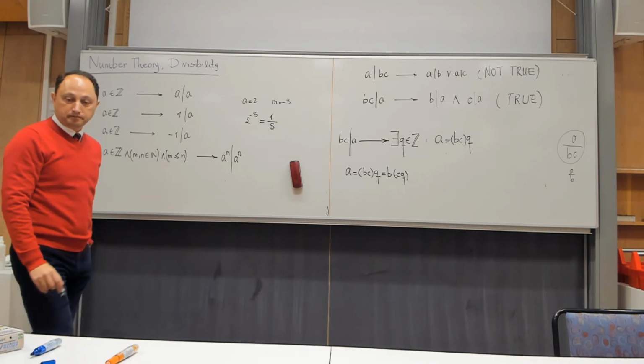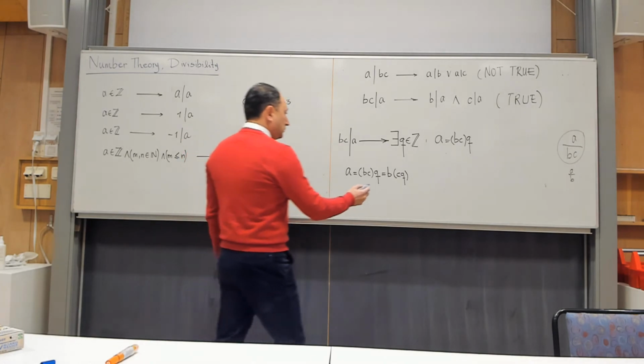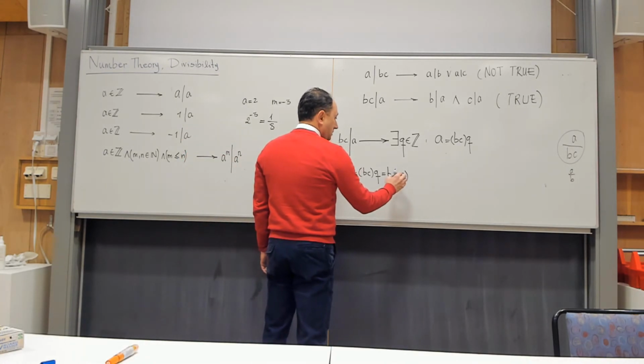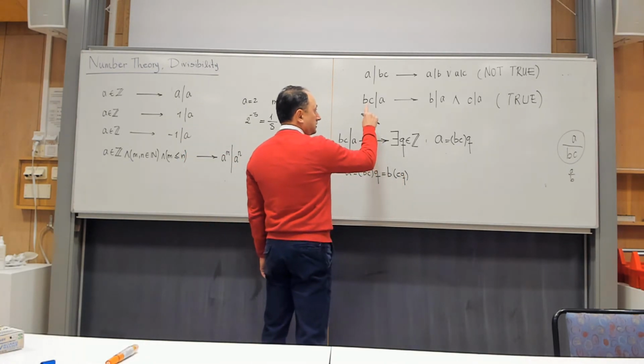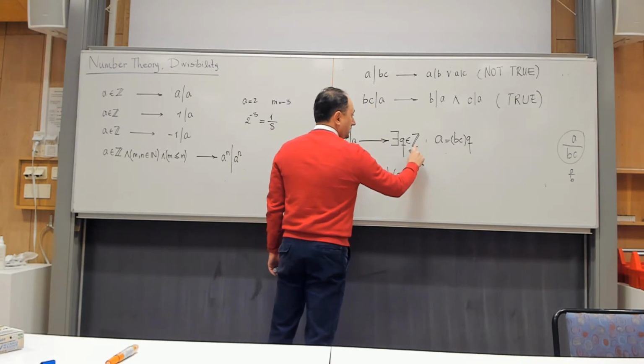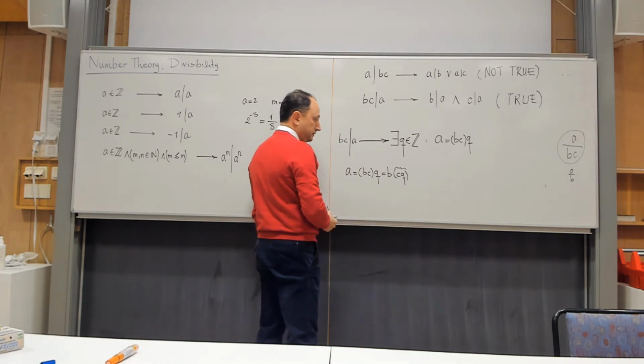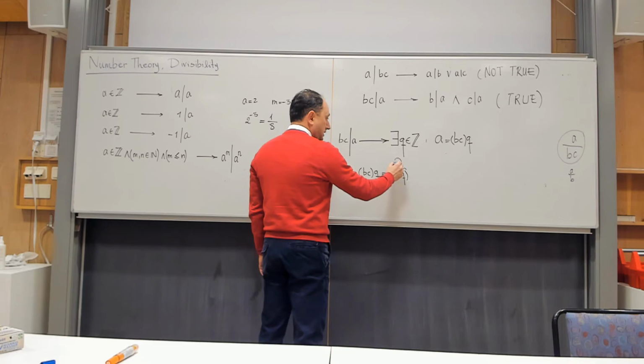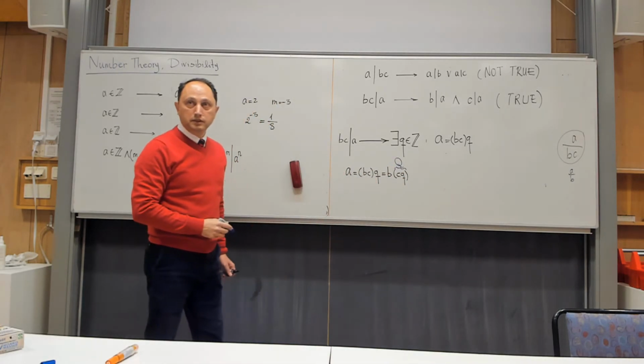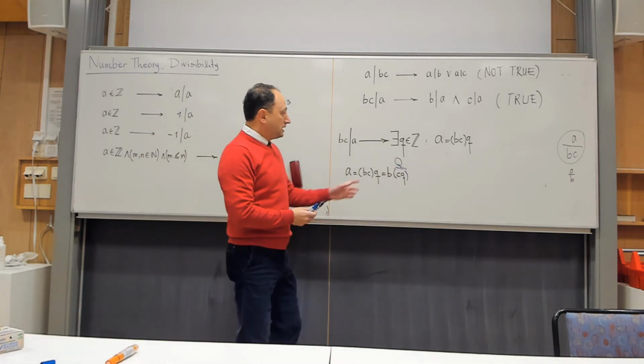Yes or no? Now, C is an integer, Q is also an integer. If I multiply two integers, the result is a new integer. Okay, and then I can give it a name, for example, capital Q.